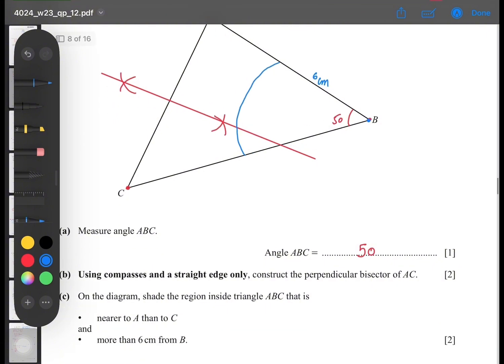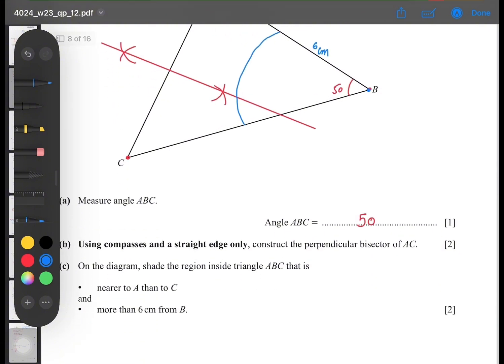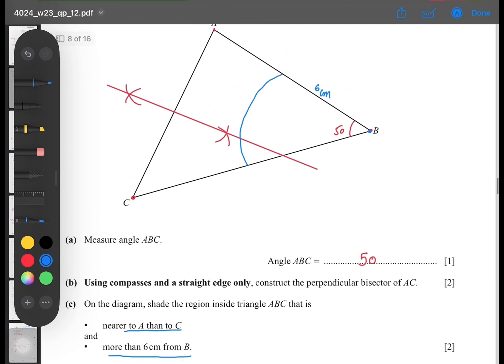So the region that is nearer to A than to C and more than 6 cm from B, the shaded region will be this one. So this is the shaded part.